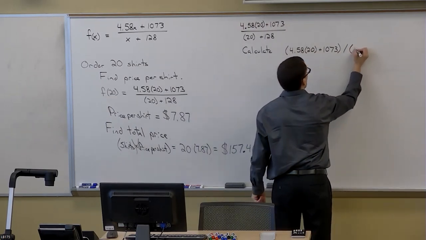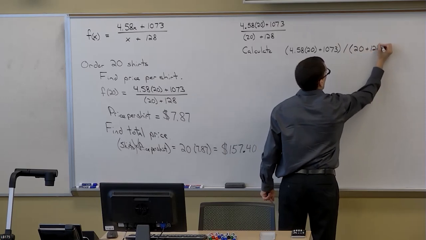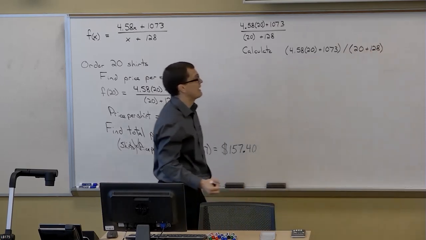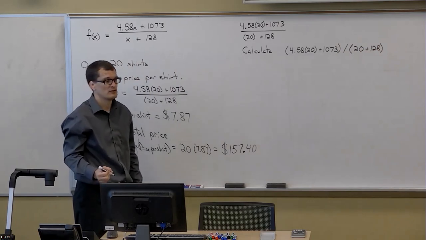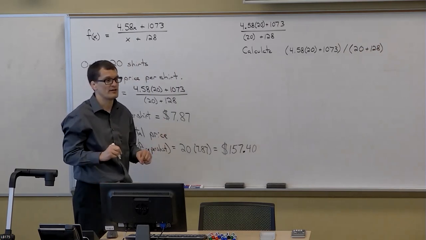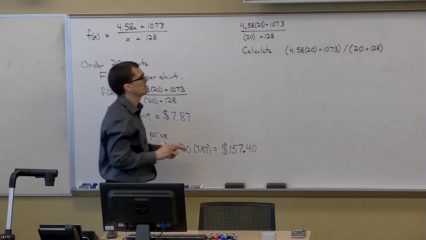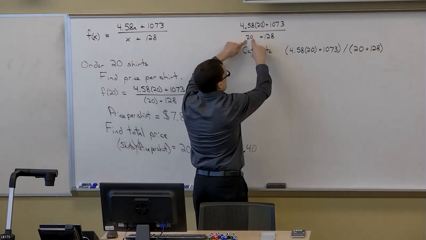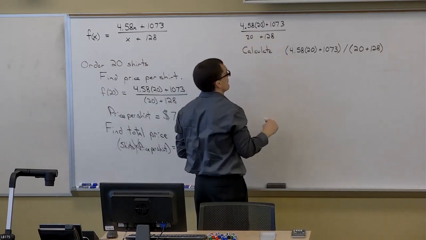And then put parentheses around the entire bottom. So that's option one. You put parentheses around the numerator, parentheses around the denominator. Notice I left off these parentheses because they're not needed for the calculation. So I'll leave those off.